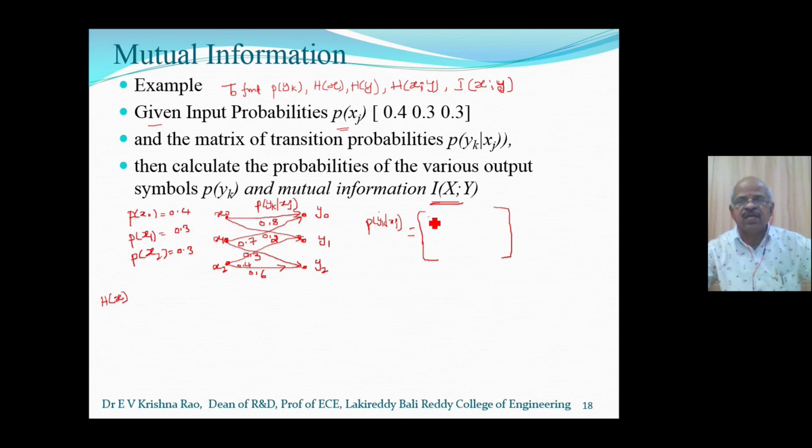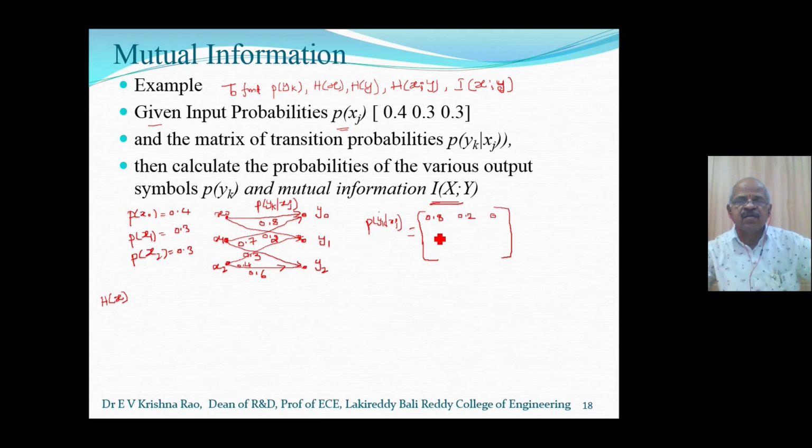P(y0 at x0) is 0.8, P(y1 at x0) is 0.2, and there is no y2 from x0, so P(y2 at x0) is 0.